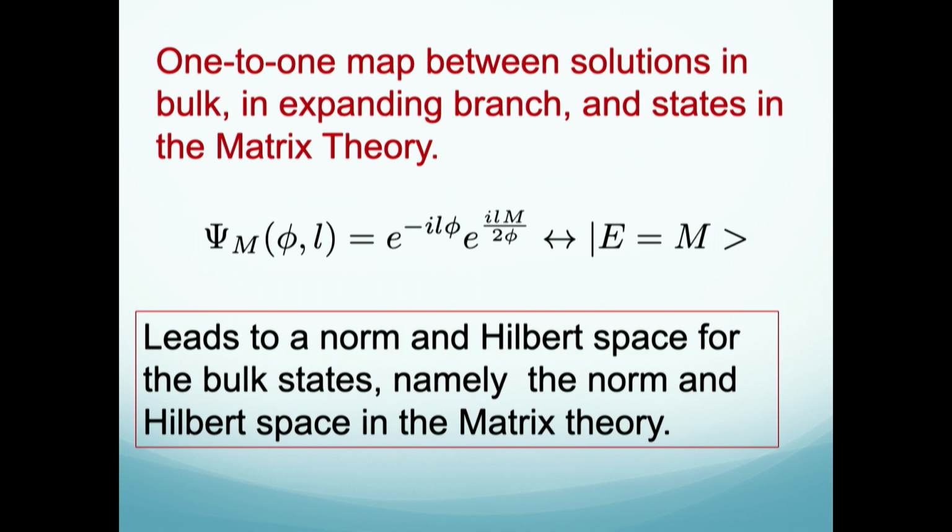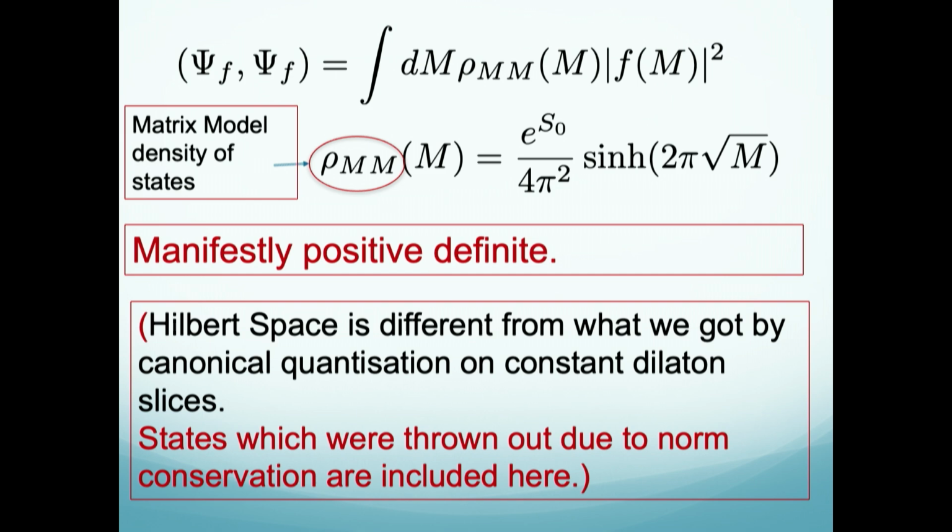This means that you have another Hilbert space now for the bulk, which arises from the Hilbert space of the boundary theory. The boundary theory is a very simple matrix. There is a natural inner product you can associate, thinking of that matrix as an operator, if you like, or just as a matrix. That becomes an acceptable Hilbert space for the bulk, and all these states can be taken as acceptable states in the resulting Hilbert space.